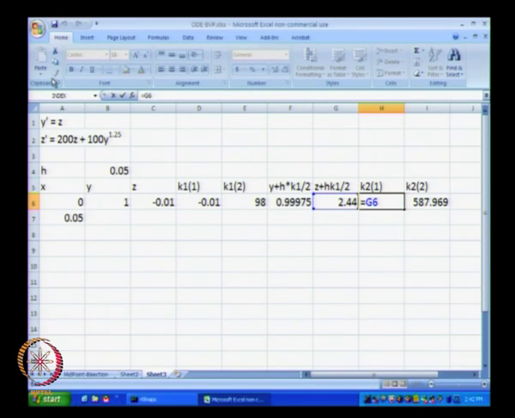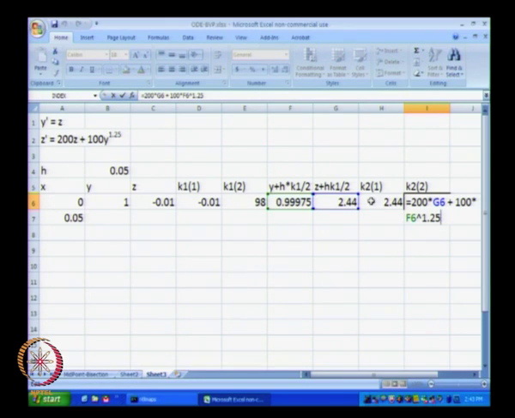So, k21 should be equal to z plus hk by 2, and that is exactly what we have as our k2, and our k22 should be 200 multiplied by this value plus 100 multiplied by this value to the power 1.25. So, let us do F2 and see whether that is true. So, 200 multiplied by this, which is what we ought to replace this with, plus 100 multiplied by this to the power 1.25. So, y is being replaced by y plus h k1 by 2, and that is indeed what we have over here. Okay.